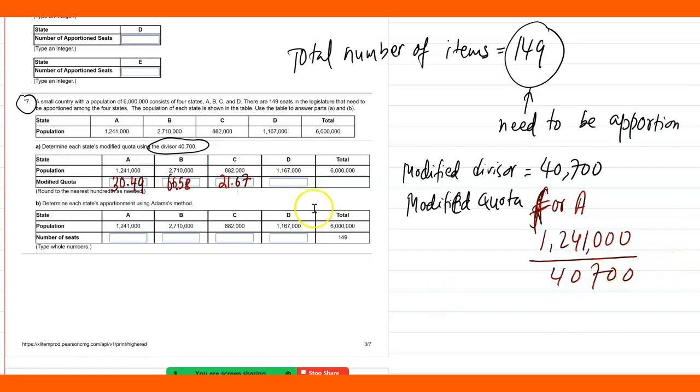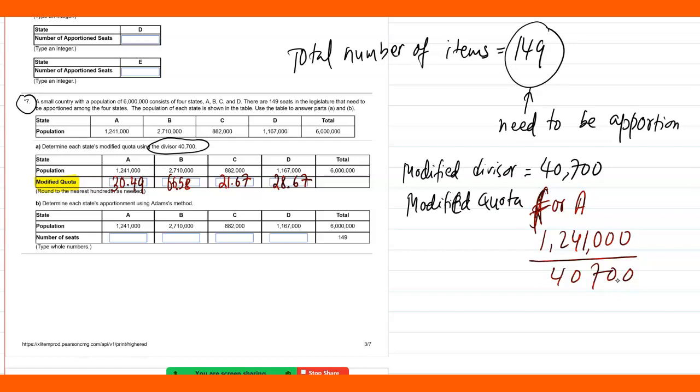If you divide D population by 40,700, you should get 28.67. Okay, that is called modified coda. You see the modified coda here? Everybody okay so far, right?